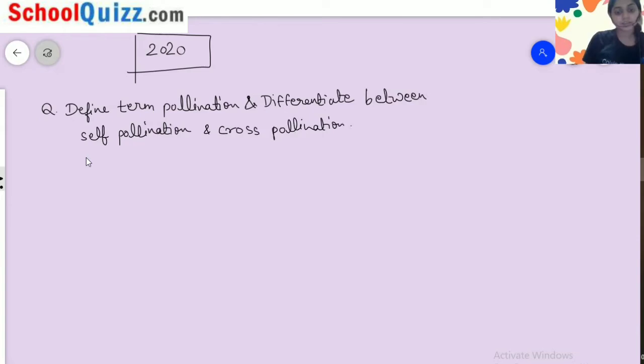And further, define the significance of pollination. It is for 3 marks only.